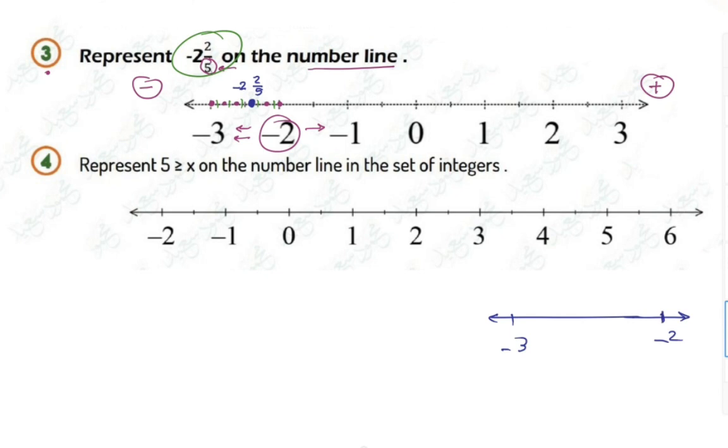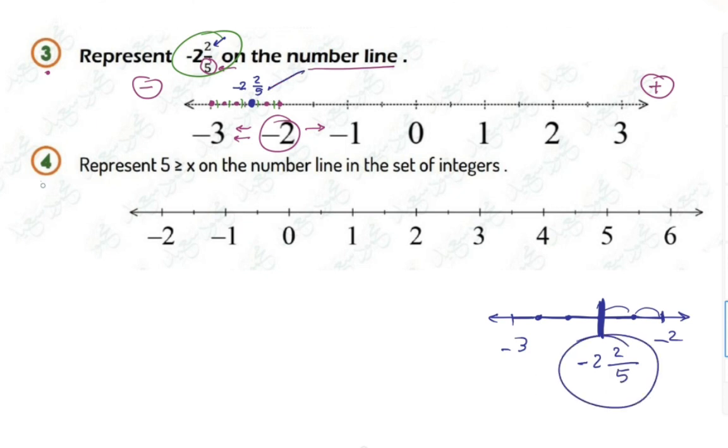The denominator is 5, so I will divide this part into 5 parts: 1, 2, 3, 4, 5 parts. You need how many parts? Just 2 parts. So 1 part, 2 parts. So my number is located here, -2 and 2/5.